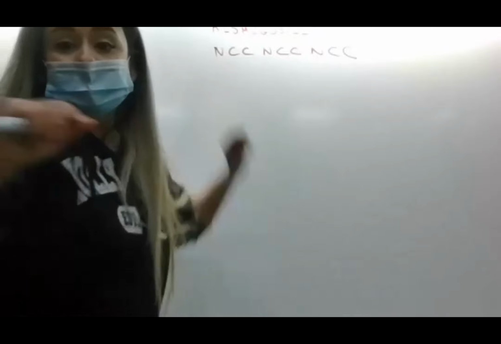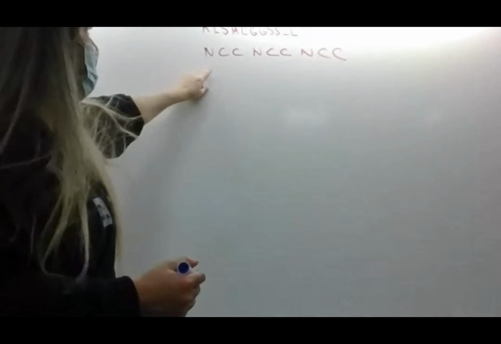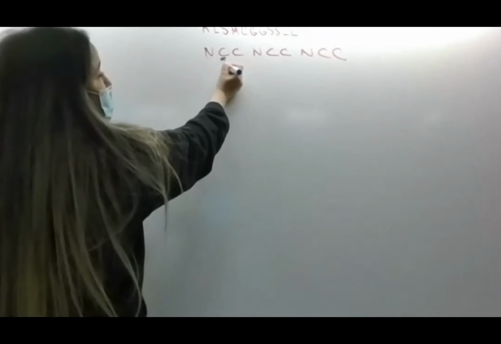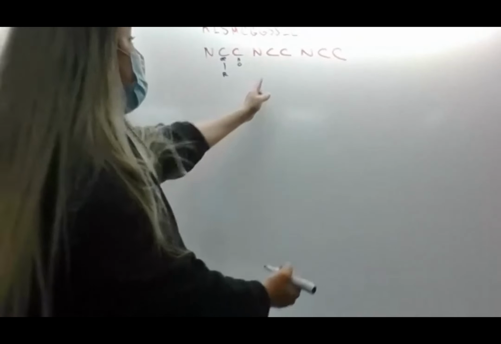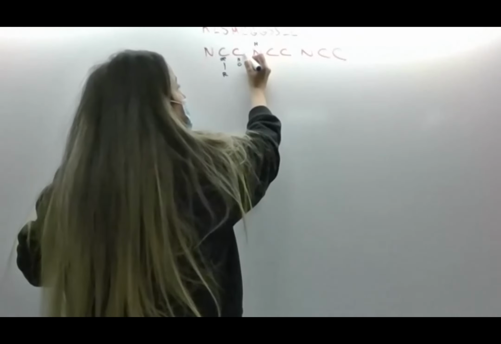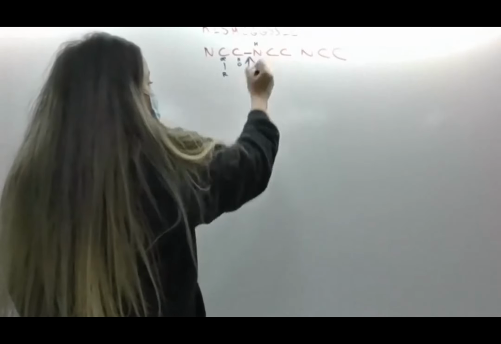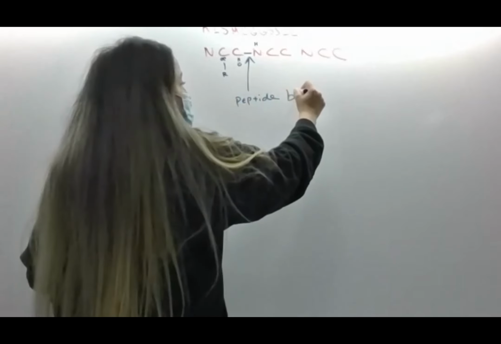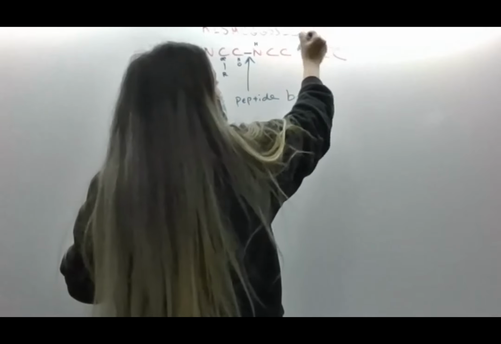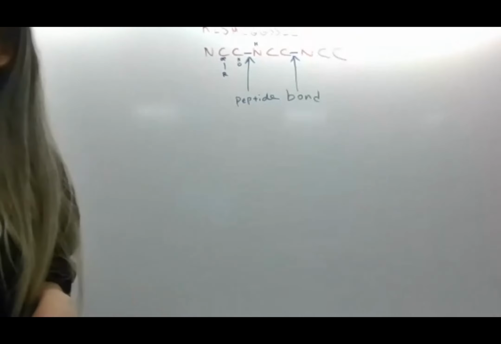So remember, this is the amino end of an amino acid, alpha carboxyl. That's where the R group is going to go. And then we have the carbonyl, and that is holding hands with the amino group of the next amino acid. And this is the peptide bond. So NCC, and then that's another peptide bond. You guys remember that? Okay.